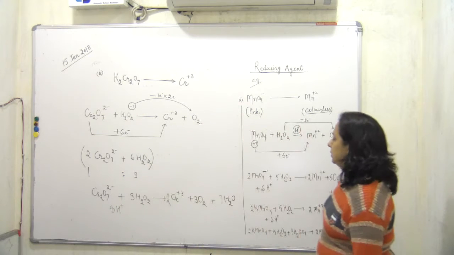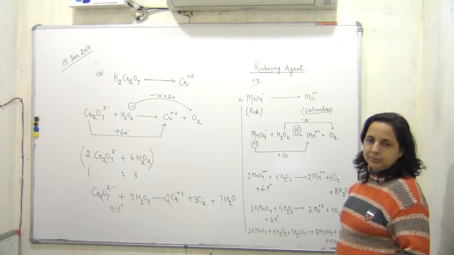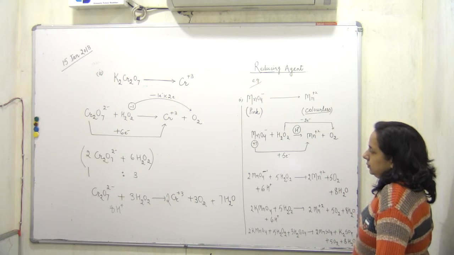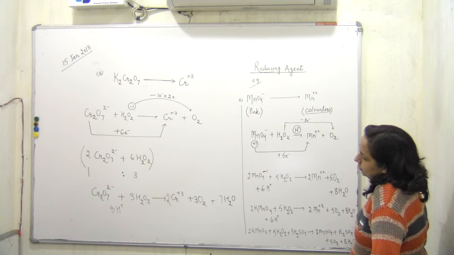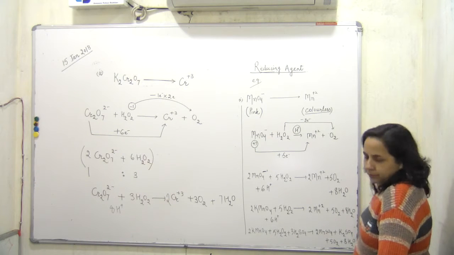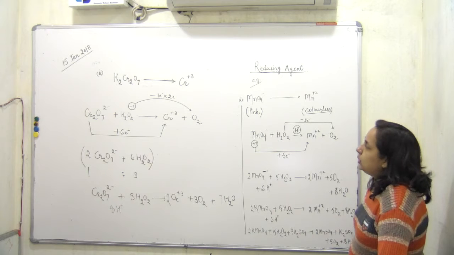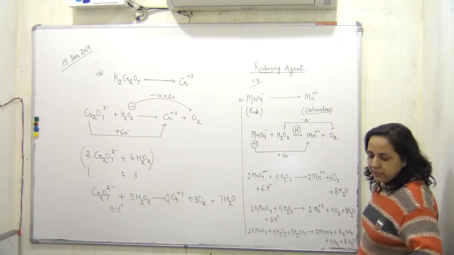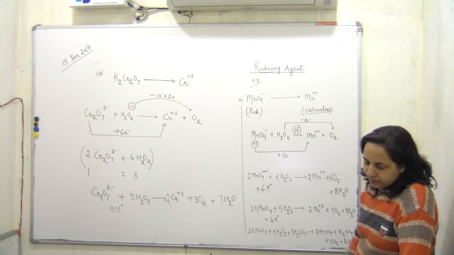Check the reaction. Is it balanced now? So this is about the second reduction process. Dichromate can be converted to chromium sulfate.